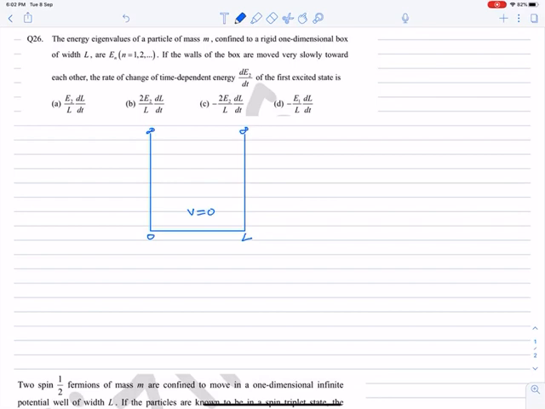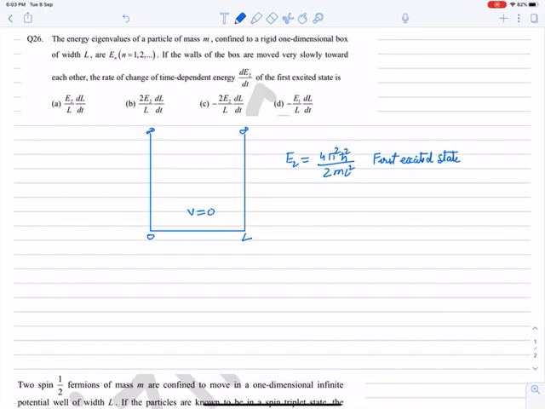So the first excited state is given by E2 is equal to 4 pi square h cut square upon 2mL square. So this is the first excited state.